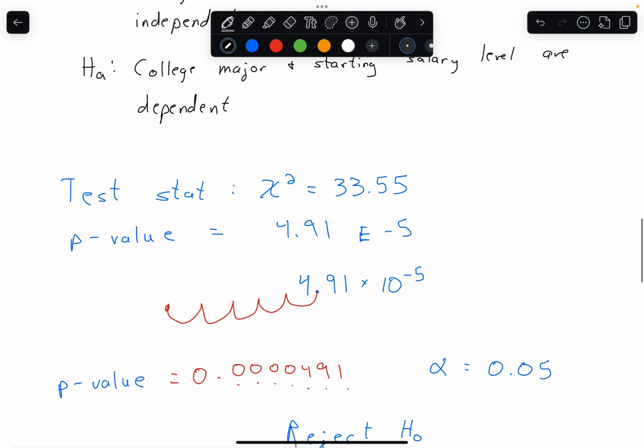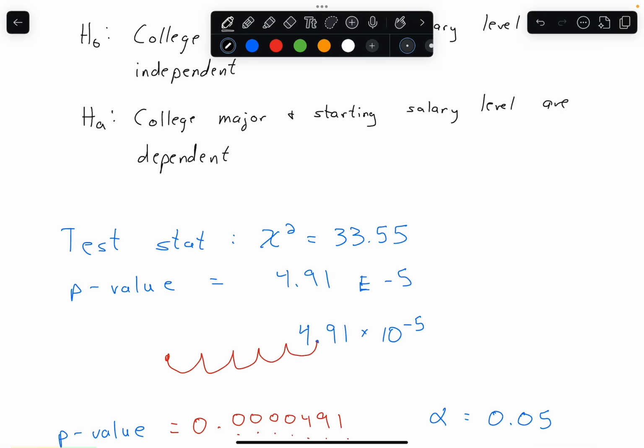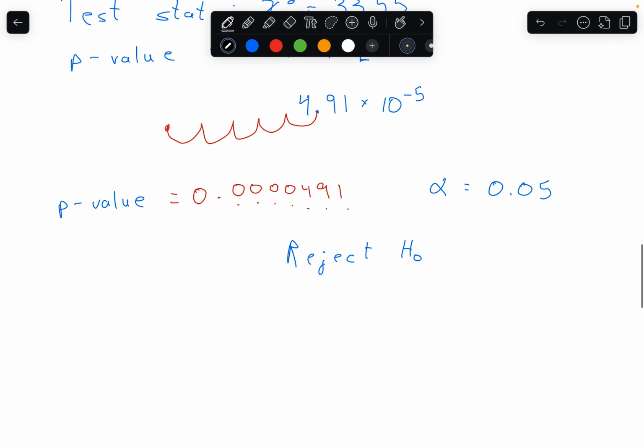So if I want to scroll back up and look at that, that was that college major and starting salary level are dependent. So if we reject H0, that means that we've changed our minds.